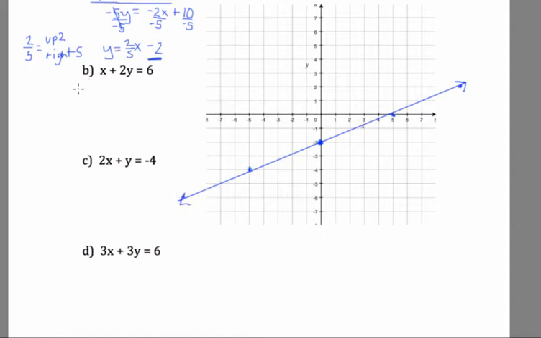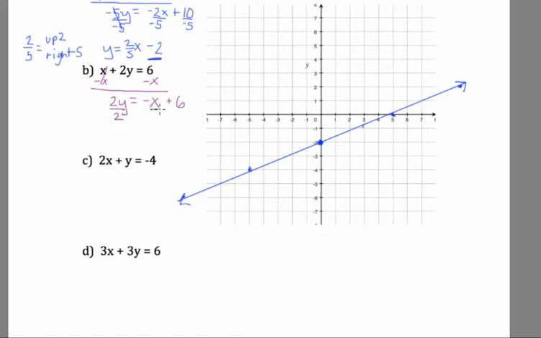Okay. Letter B. X plus 2y equals 6. This is in standard form right now. In order to use our b and m numbers, we have to switch it over to slope-intercept form. Get y by itself. I'll subtract x from both sides. That'll move that x to the other side so that I can get y by itself. And then I want to undo multiplying by 2, so I'll divide by 2.